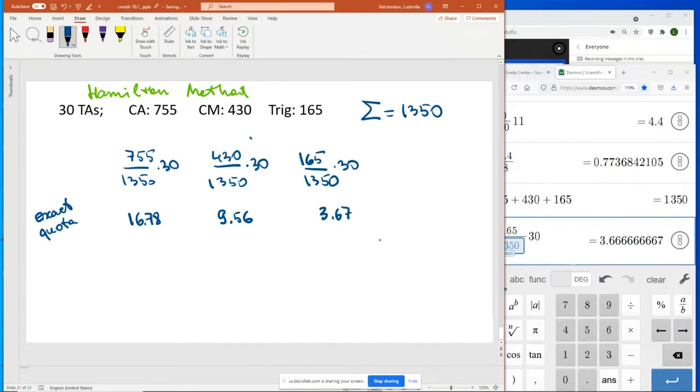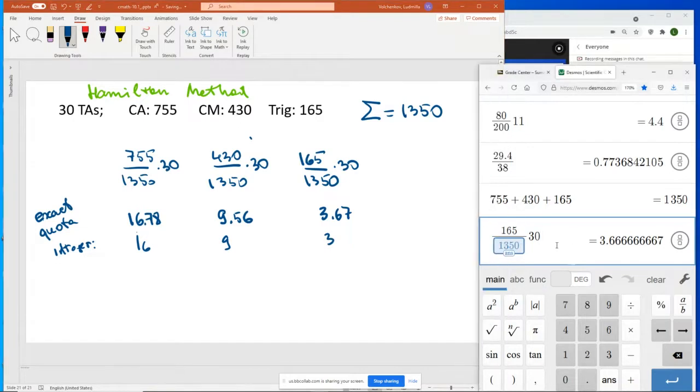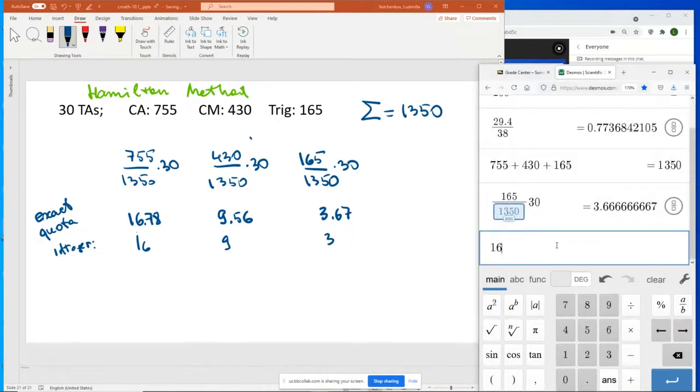3.67. Okay, we first assign the integer part. Integer part 16, 9, and 3. 16 plus 9 plus 3 is 28. So we have two extras.